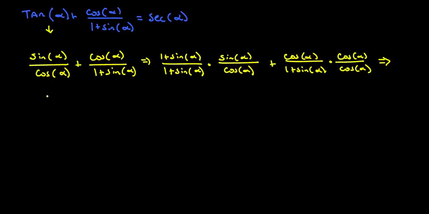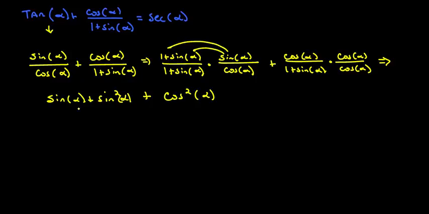So this is going to give us, when I distribute this in, sine alpha plus sine squared alpha. That's when I distribute this sine into both these guys. Plus cosine squared of alpha.